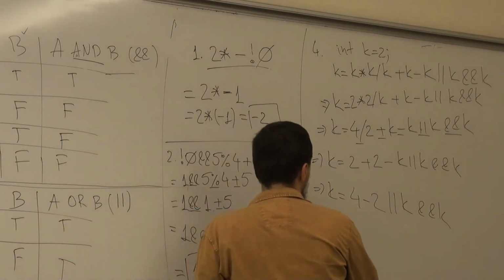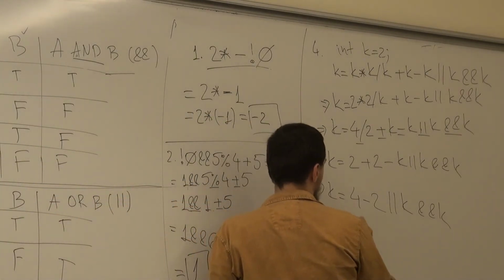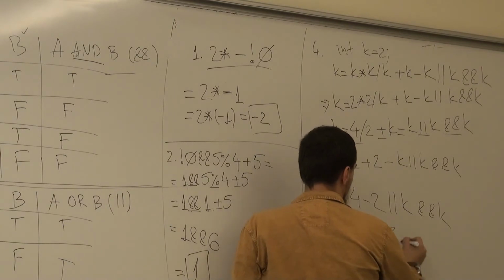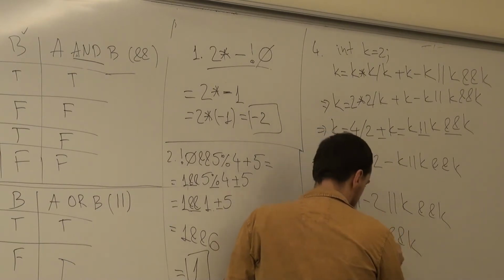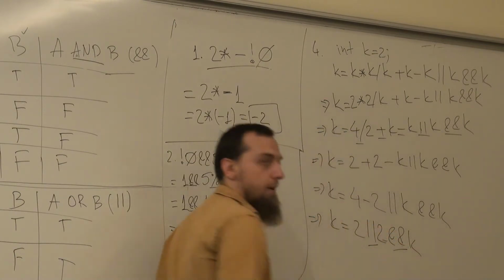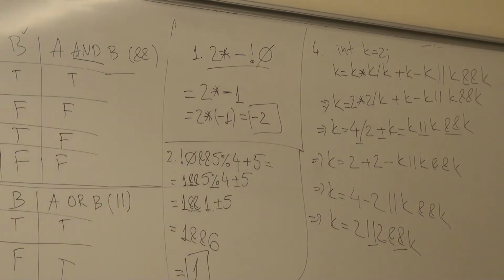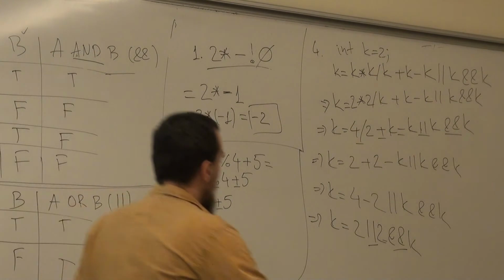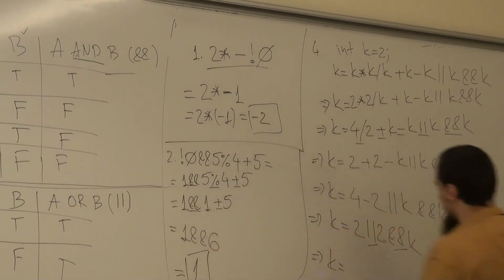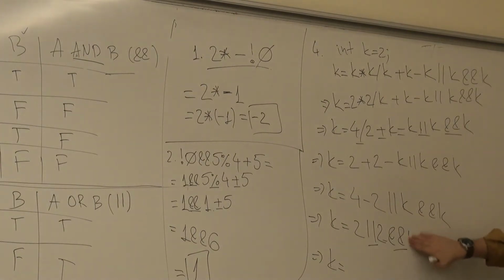That's why we will have 4 minus 2, which is equal to 2, and k. Which has priority now, and or or? And has priority.